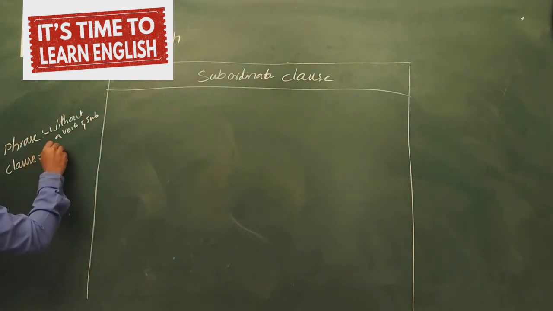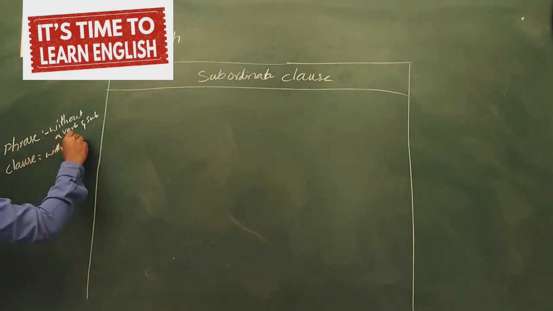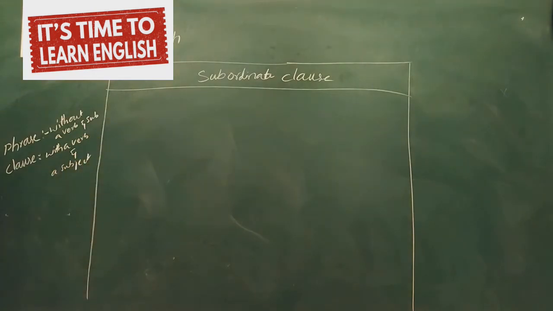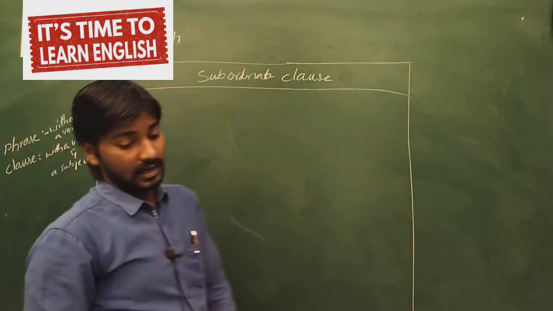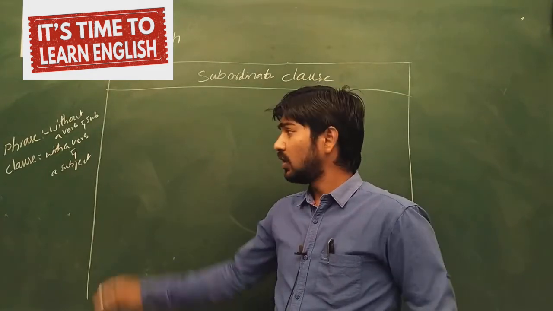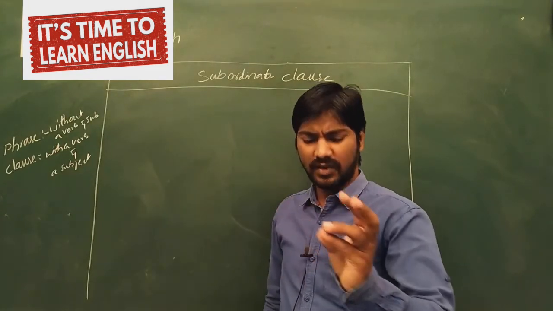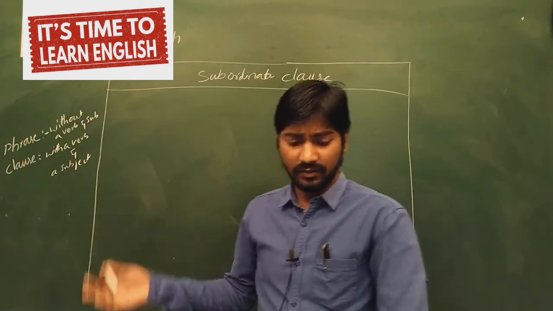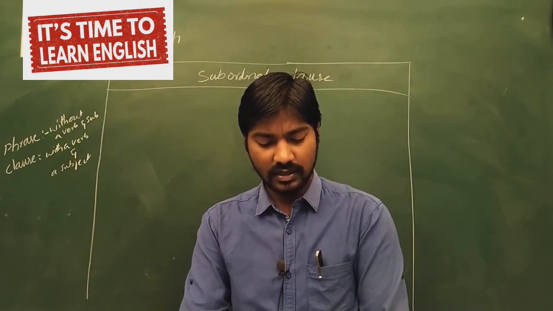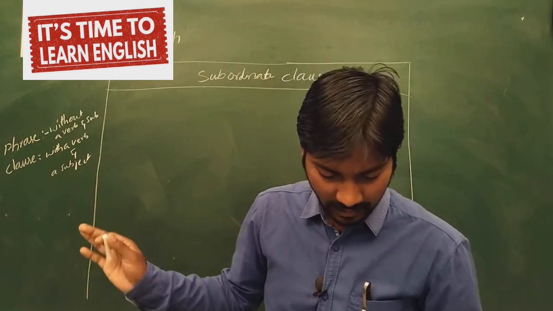It is with a verb and a subject. This is the only difference between a phrase and a clause. So that will be the end of this topic, phrases and clauses. We discussed all the phrases, noun phrase, adverbial phrase. That is secondary, don't worry about that. Just remember the words in this topic.